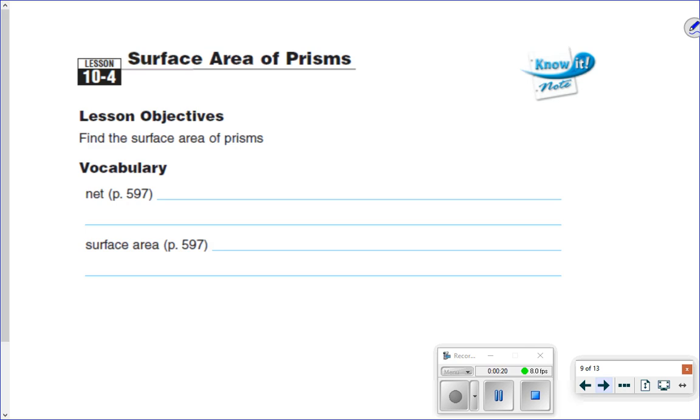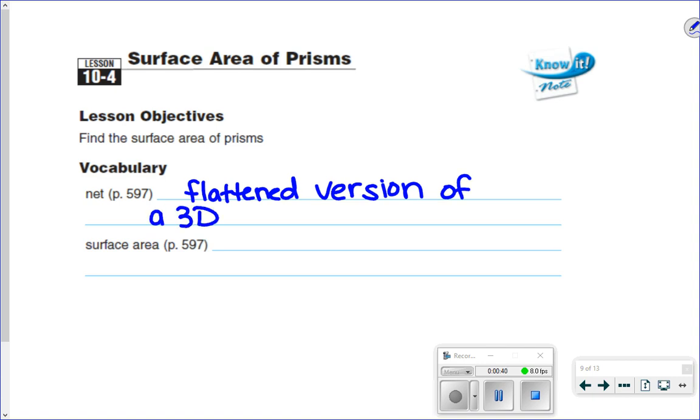So we have a couple words that we discussed last time, and we're going to go ahead and write them down again today. So net is the flattened version of a 3D shape. That's called a net. We look at nets when we're looking for surface area.